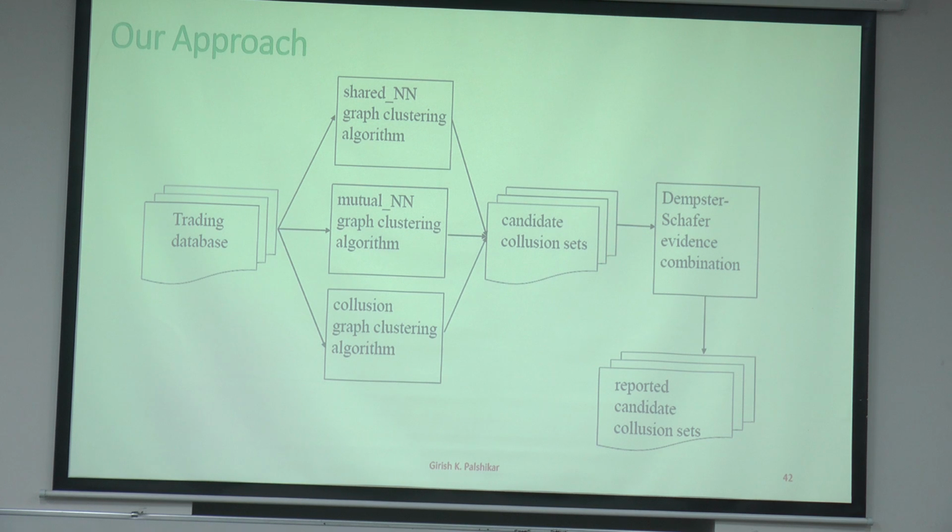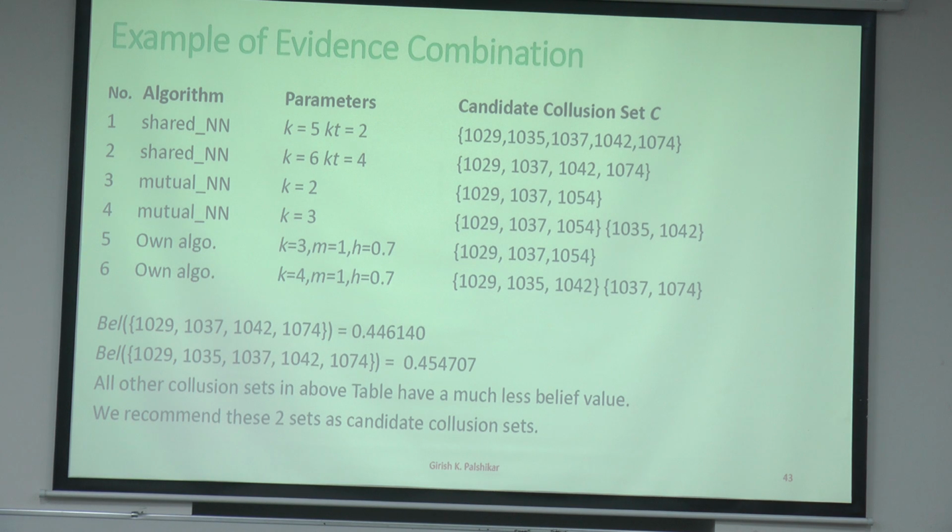It's a very important statistical technique, again from the 70s, but now of course there are a lot of other evidence combination techniques. I use the evidence combination technique to filter out the outputs of the multiple algorithms, and finally said that, look, these are the 4 people against whom there is multiple evidence, and the belief that they are colluders. You can see I have calculated it using the Dempster-Shafer theory.